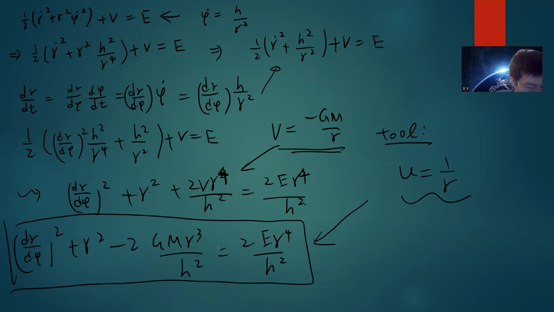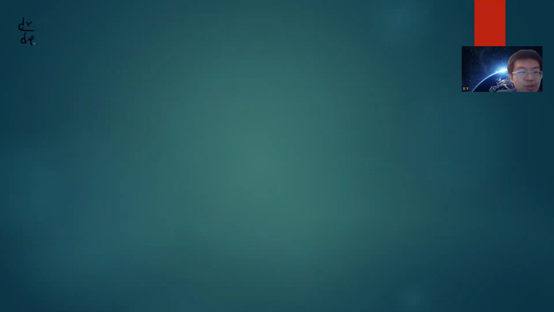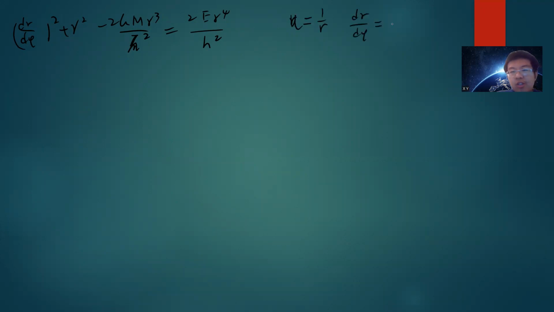Okay, so let's see. Let me just copy this equation here. H squared, 2E r to the fourth h squared. So let's say u is 1 over r, right? So dr/dphi will be just dr/du times du/dphi, right? So this is minus u to the negative 2 du/dphi. Okay, so we can plug it in.